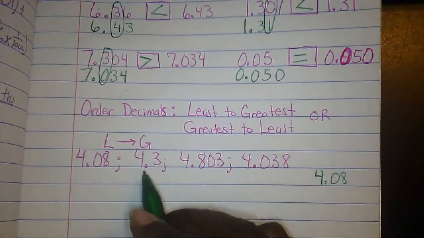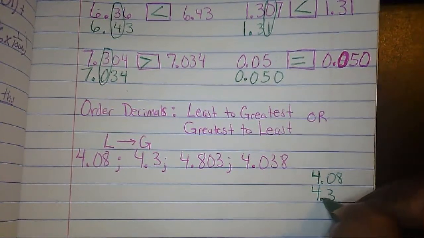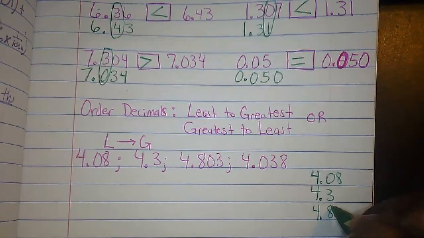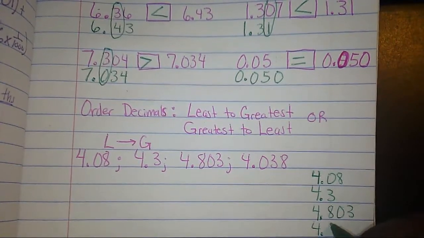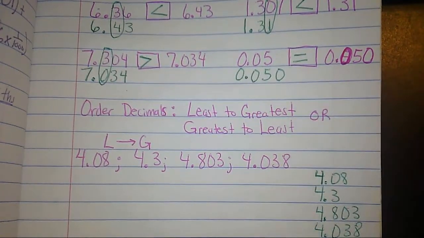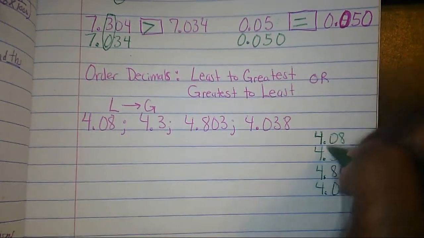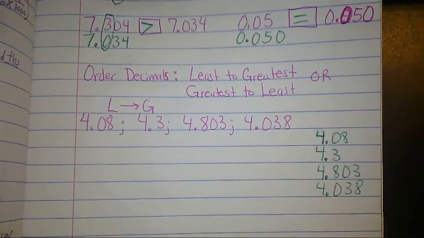And then I'm going to go to 4.3, and I'm making sure that I'm lining them up. 4.803, and then 4.038. So I have all of my decimals lined up. And when we say line up the decimals, that's what we mean. Keep the decimals all in a row as you're writing these out.